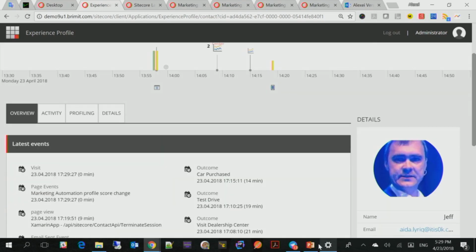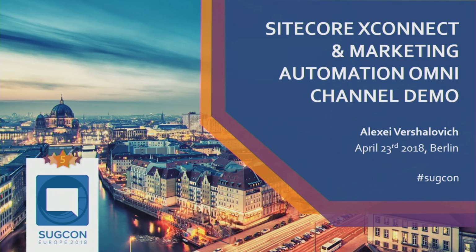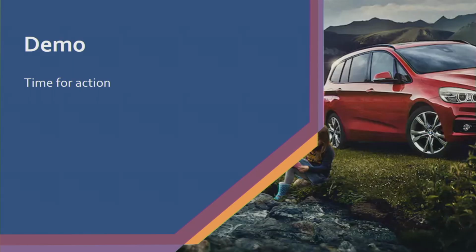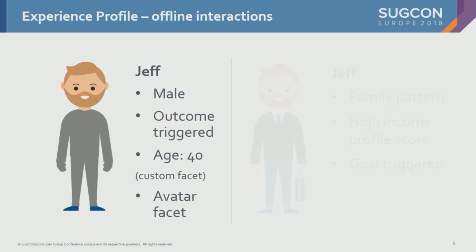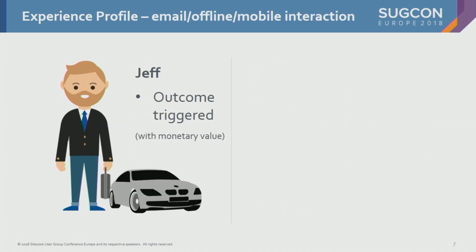So going back to slides. Based on offline interactions, we enriched the customer profile. And finally, we have Jeff purchase the car, happy customer, and this is where we had an outcome with monetary value.